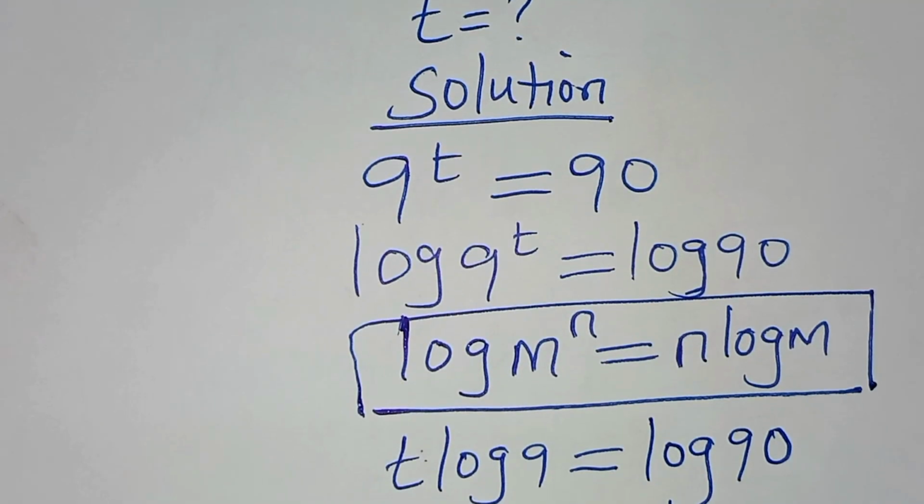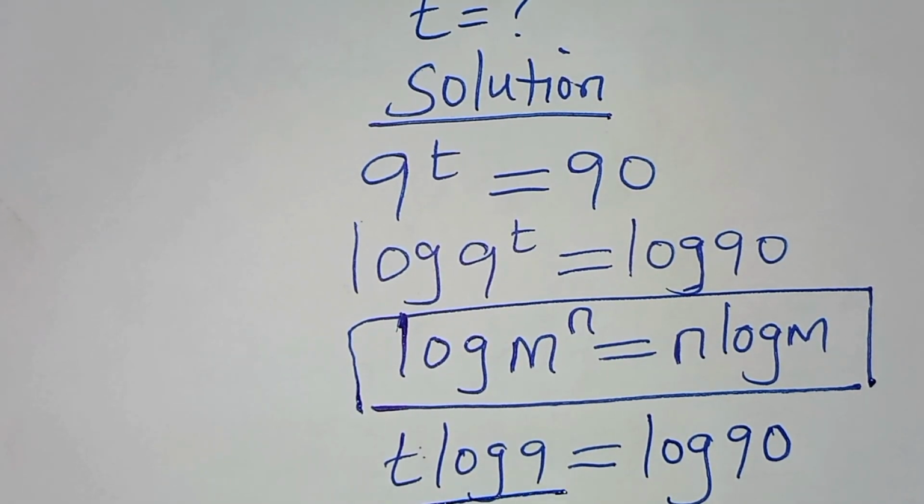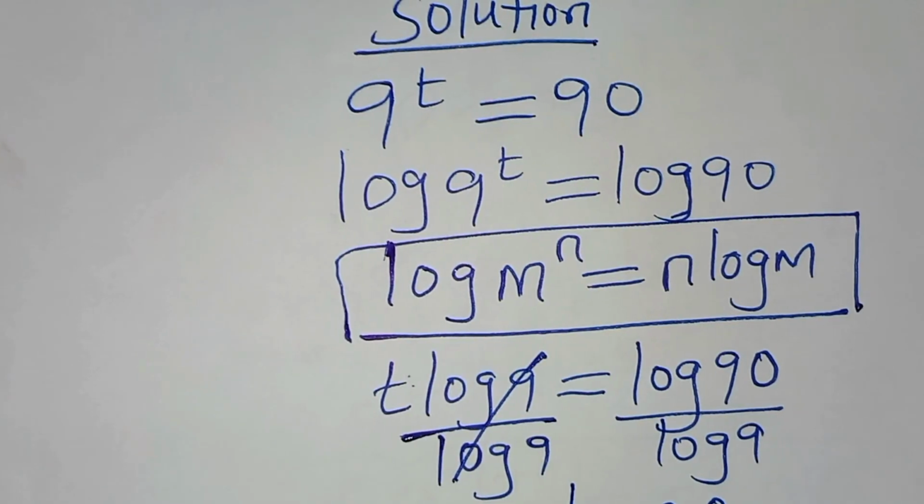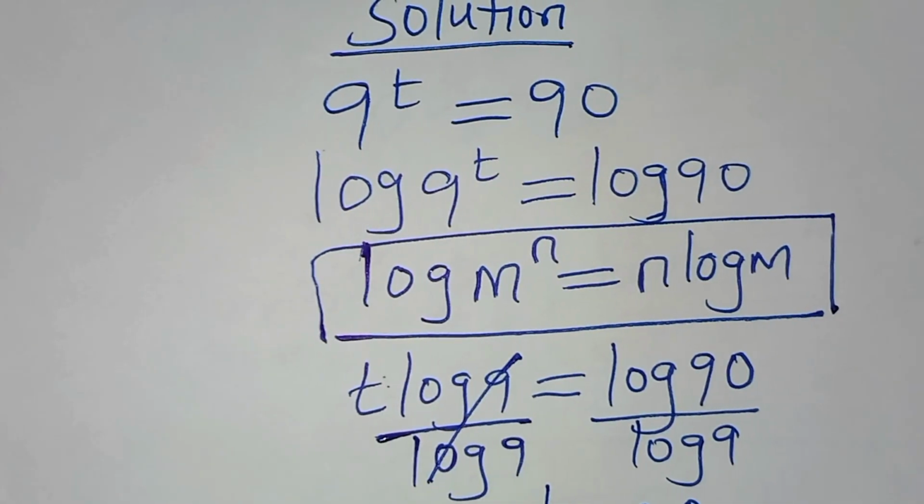So from here, let's divide both sides by log 9, so that if we simplify log 9 and log 9, we'll have t equals log 90 divided by log 9.